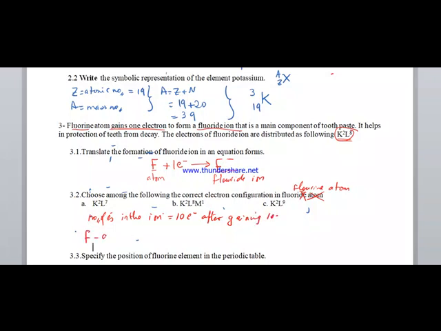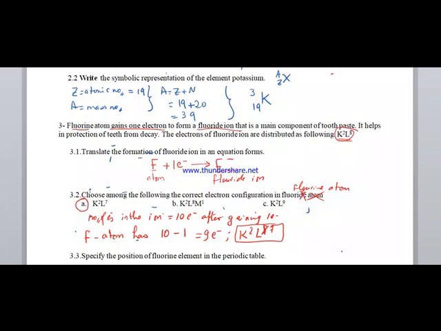So the fluorine atom has 10 electrons minus 1. In the fluorine atom, before gaining an electron, we subtract 1, which is equal to 9 electrons. So the electron configuration will be K2L7. This is the correct electron configuration of fluorine. So the correct answer is A.